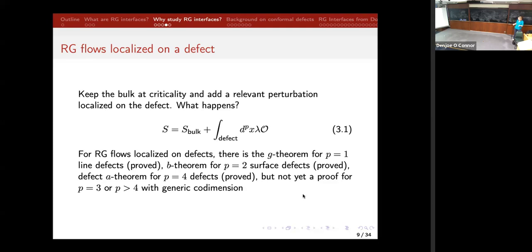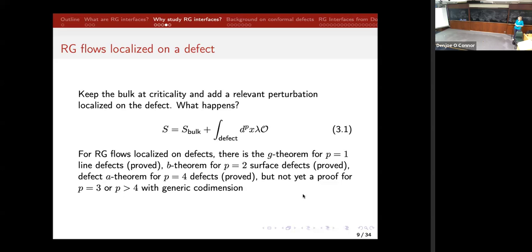But in D equals 3, you don't have that. So people have talked about the free energy, and then there's trying to interpolate between these two things. A similar kind of thing has been proposed for RG flows localized on a defect.